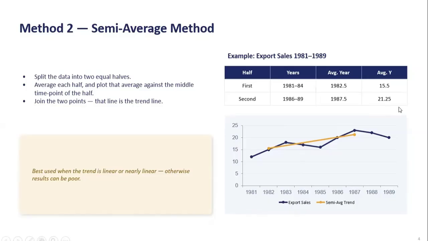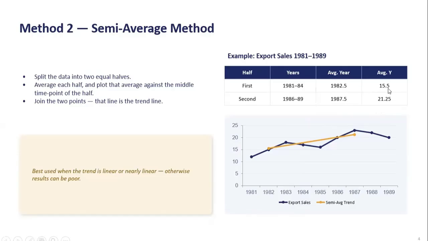For the second half, the total exports are 85 million, giving an average of 85 divided by 4, which equals 21.25 million. The middle year of the group is 1987.5.